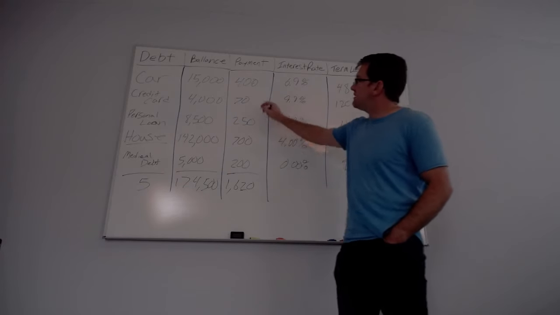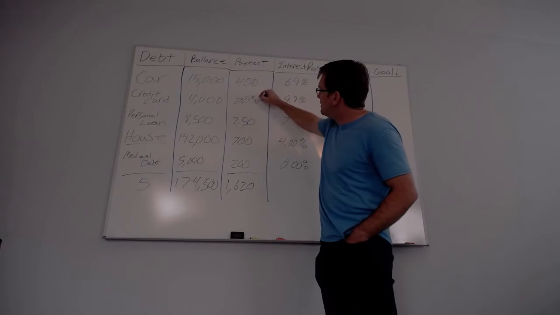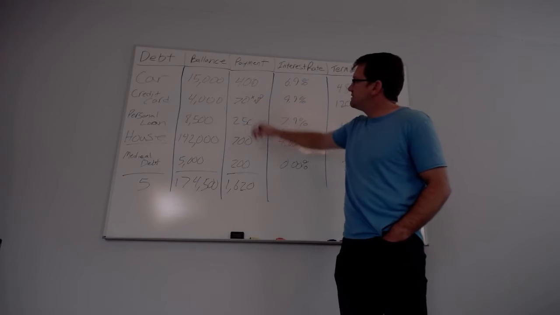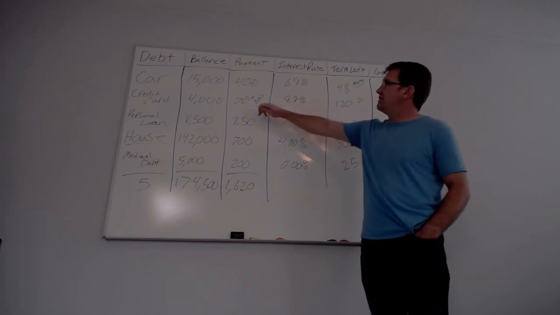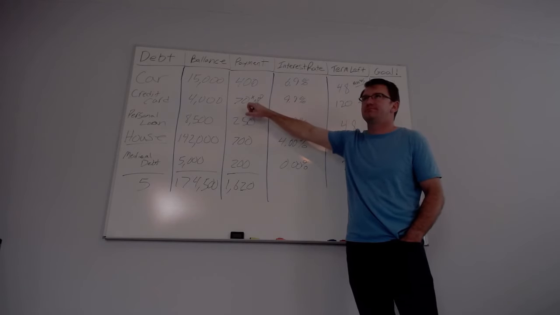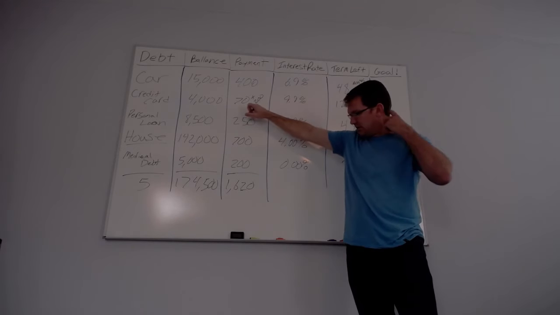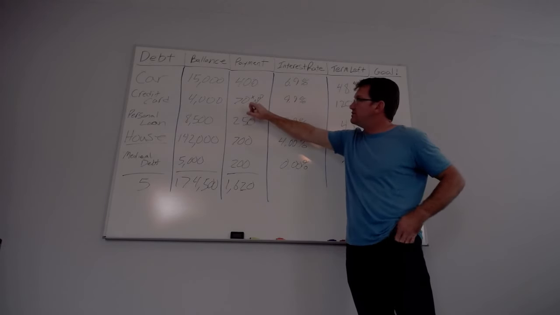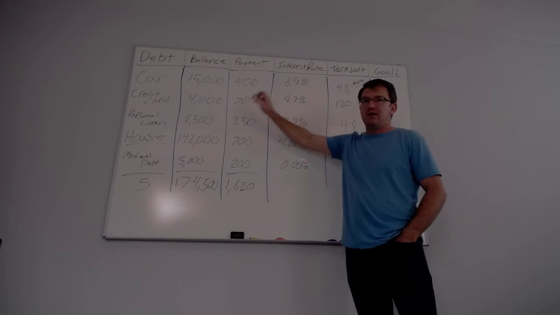So say if we added 200 here, that's 270. Well, in a year we'd send in just over 3,000, like $3,200 a year.